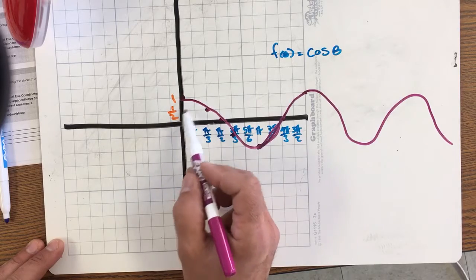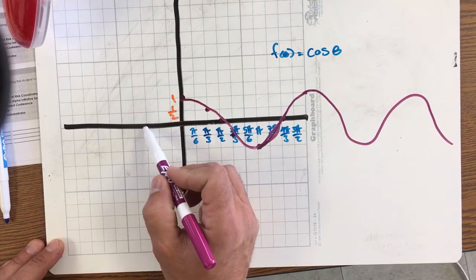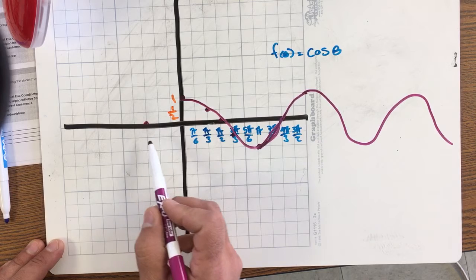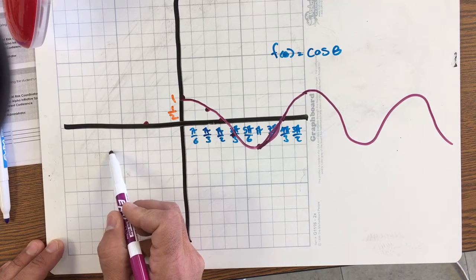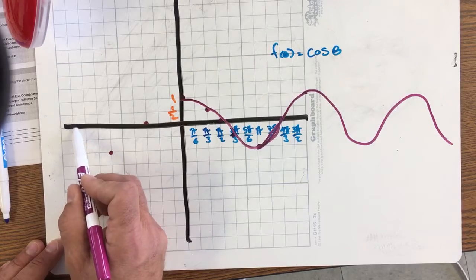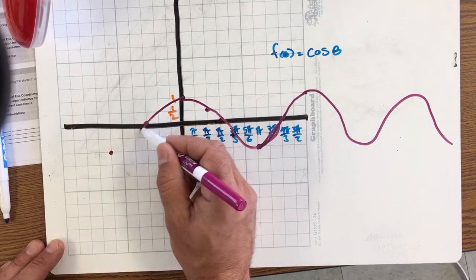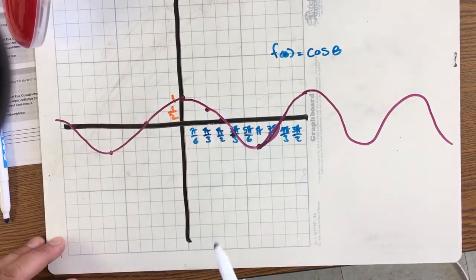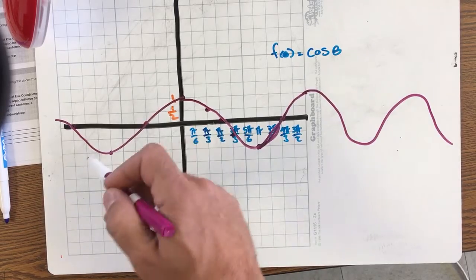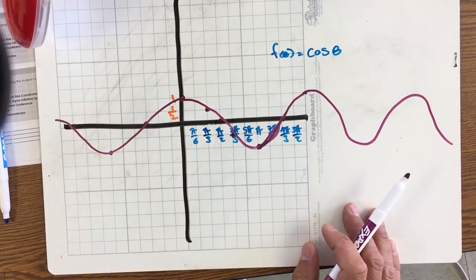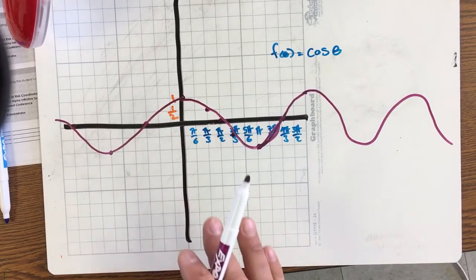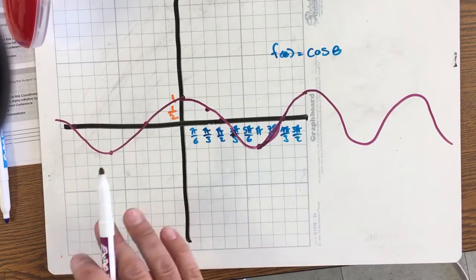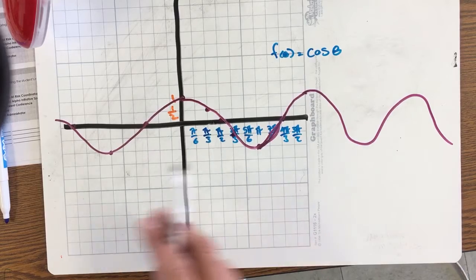So if I go in the negative direction, I'm going to get right here, right here, right here. So I'm going to kind of go like this. I'm just using the information that I know off of the unit circle to do this. So hopefully that makes a little bit of sense. I'm going to talk a lot about this in class, so don't worry about this too much, okay?